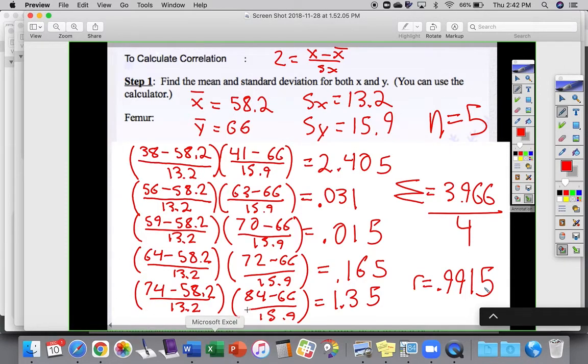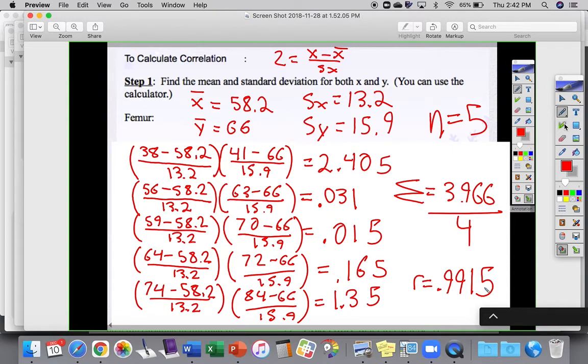This is the brunt of the work. Each point, 38, 41, you have to subtract the means and divide by the standard deviation. So look at this first column right here. All of these are minus 58.2 divided by 13.2 because these are the 5 x values. Here are the 5 y values, the original 5 y's. So I subtracted the y mean and divided by the y standard deviation.